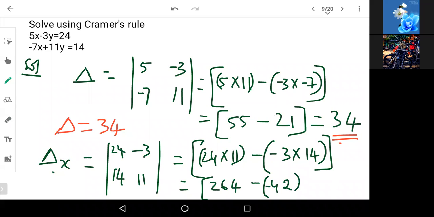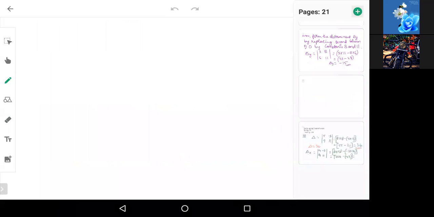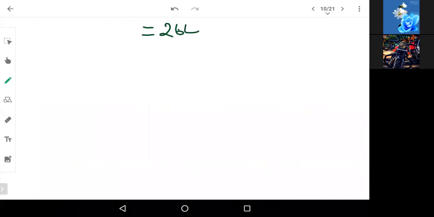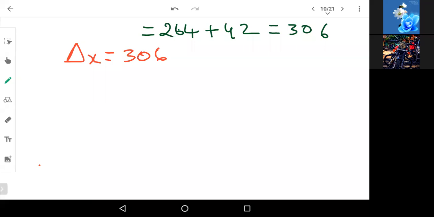Correct. So 264 plus 42. How much do you get? 306. So therefore, delta x is equal to 306. Correct. Good, good.